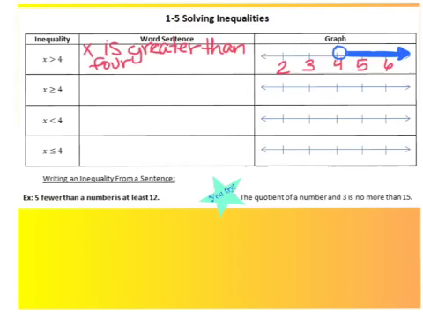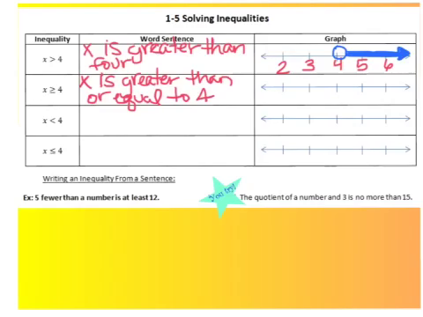Alright, so the next one, x is greater than or equal to 4. Let's write that out. X is greater than or equal to 4. So x is a variable, so we don't know what it is. We just know that it could be equal to 4 or it could be greater than it.